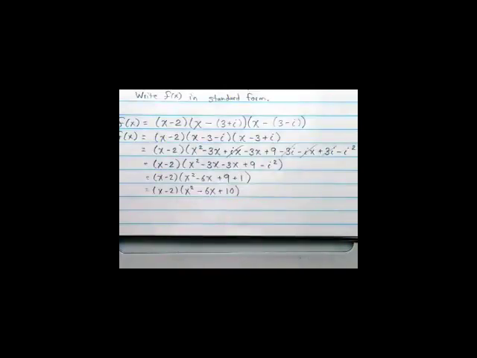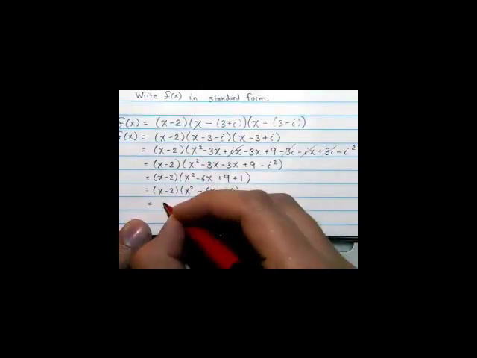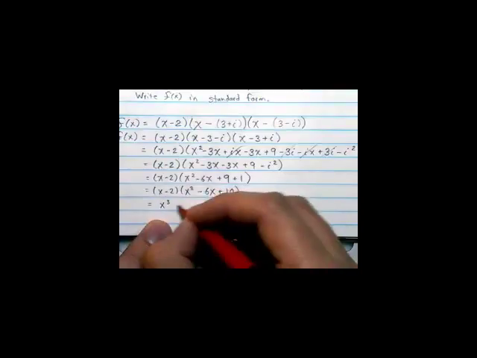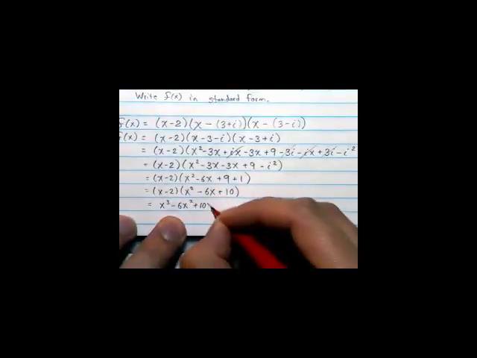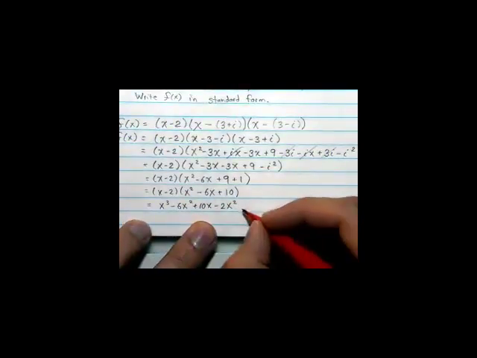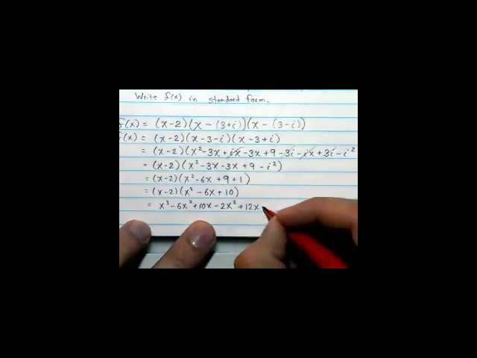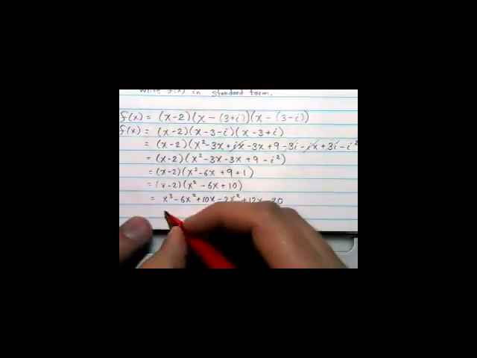And now it's another just be careful, multiply, multiply, multiply type thing. So x times x squared is x to the third, x times negative 6x, x times 10, negative 2 times x squared, negative 2 times negative 6x, and negative 2 times 10. And do a little combining like terms.